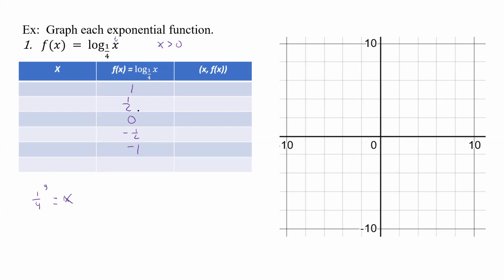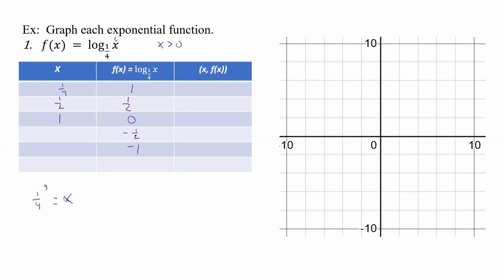So if we plug in 1 here, (1/4) to the 1 is 1/4. Now (1/4) to the half is going to make it so we get the square root of that. The square root of 1 is 1, the square root of 4 is 2, so that's going to give us 1/2. Now anything to the 0 is 1. Now what about this?